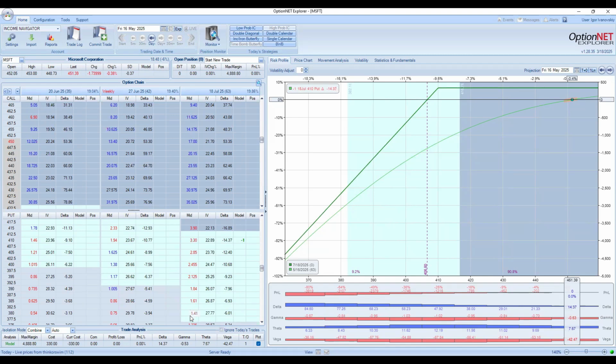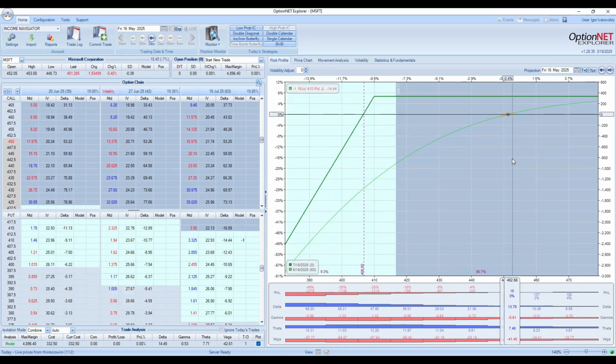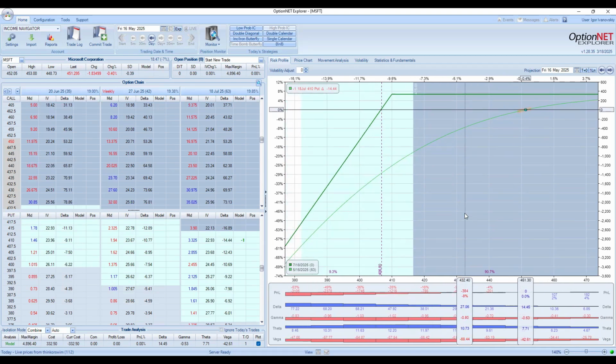Before you know it, you go from 410 to 390 and you almost lost half of the premium. So it's not a terrible way to generate income, and also not a terrible way to get long stocks you would like to own. And while you're waiting, you make some money.